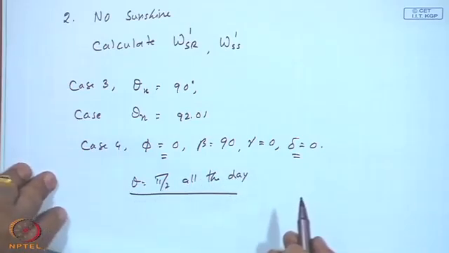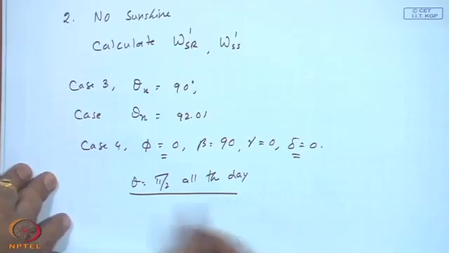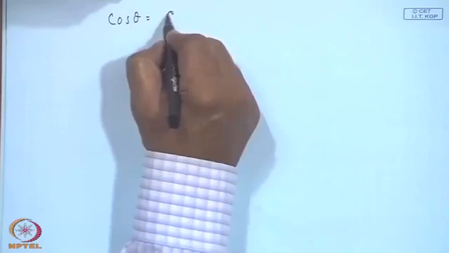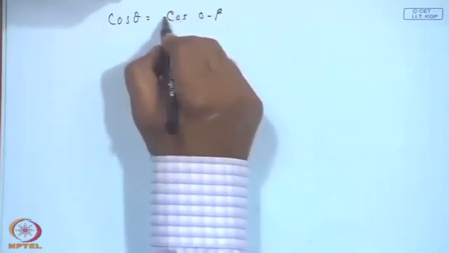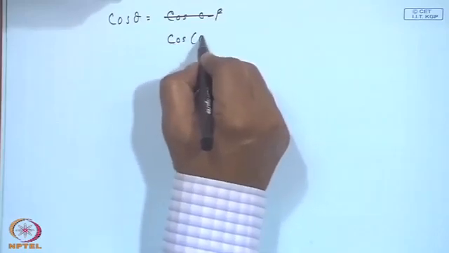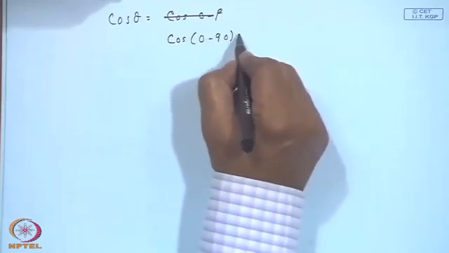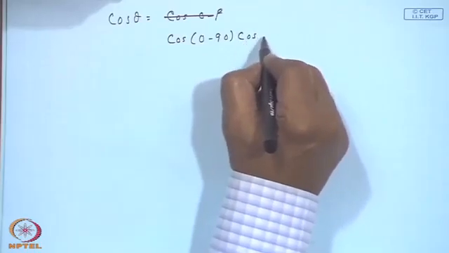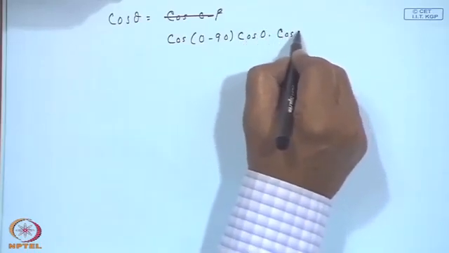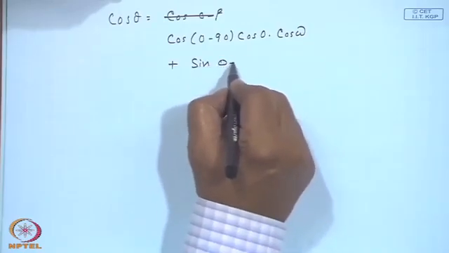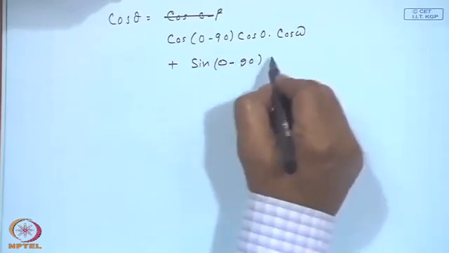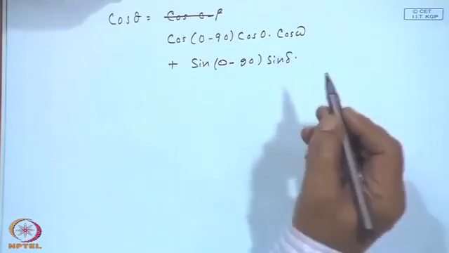You can easily calculate with cos phi, cos delta, cos omega. Let us see if we can get that. So, this is gamma 0. So, cos theta is equal to cos phi minus beta, 0 minus 90, cos delta 0, cos omega, plus sin 0 minus 90, sin phi sin delta, equal to.